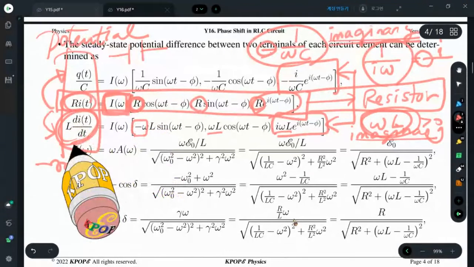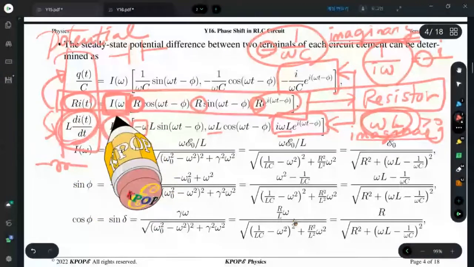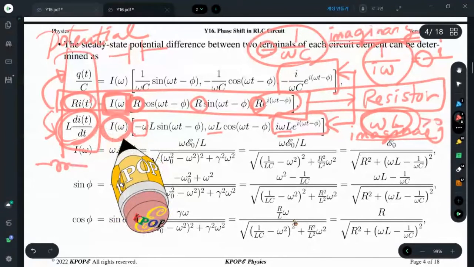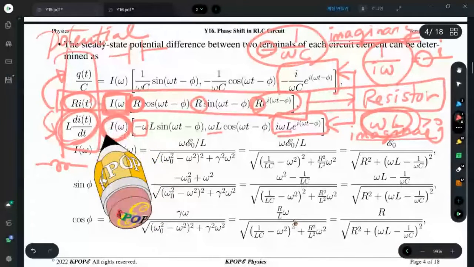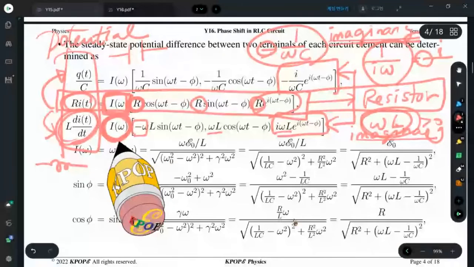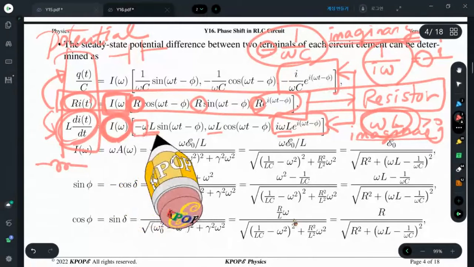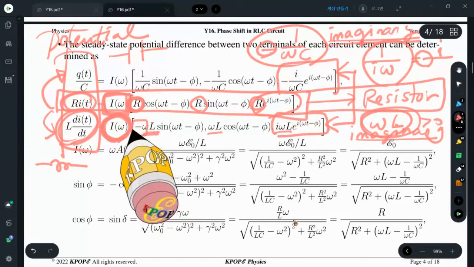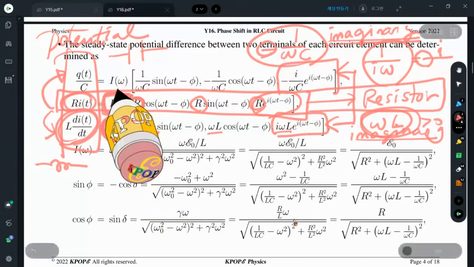In here, inductor, as far as amplitude is concerned, amplitude for the current multiplied by omega L. This negative sign represents the phase shift.